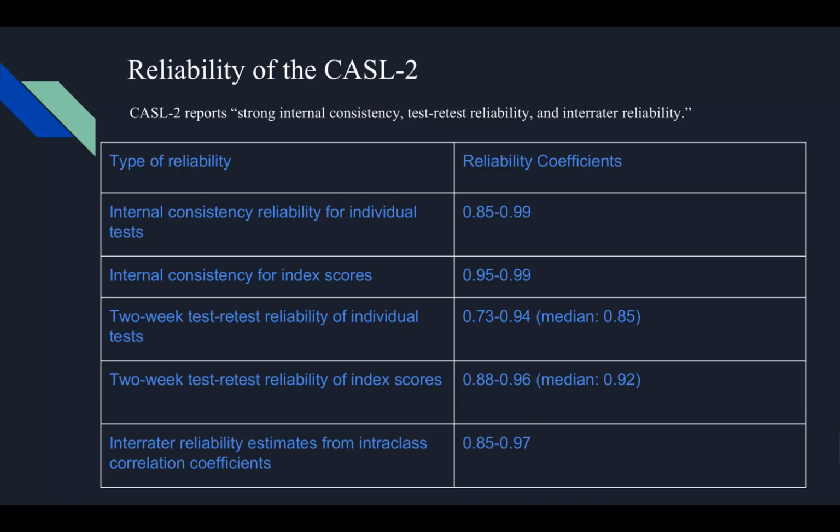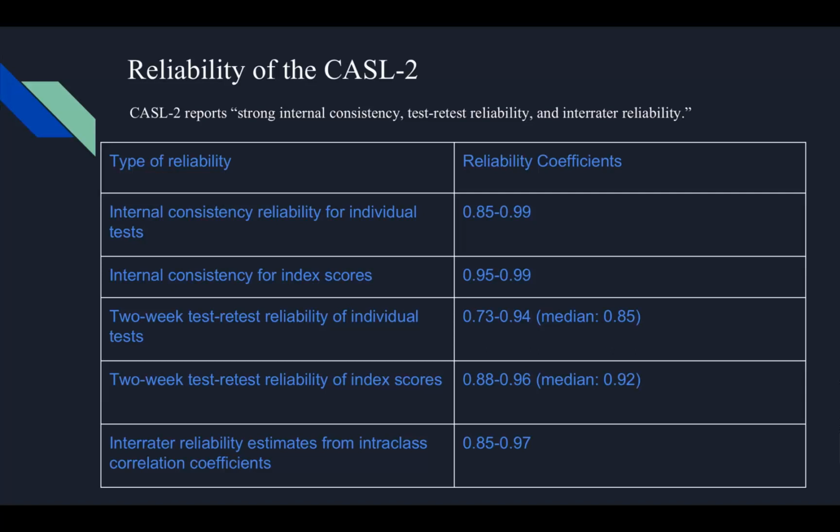The CASL test manual reports that the test has strong internal consistency, test-retest reliability, and inter-rater reliability. As you can see in this table, there are various types of reliability that were assessed. Internal consistency reliability coefficients range from 0.85 to 0.99 for the individual tests on the CASL and between 0.95 and 0.99 for index scores.